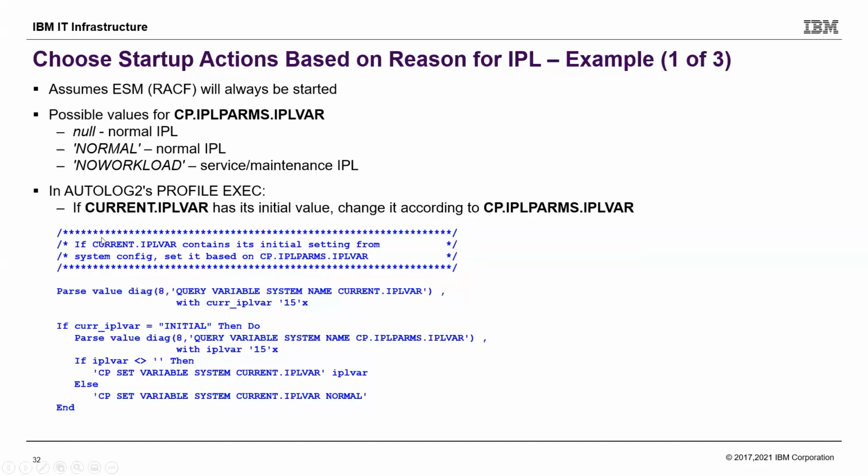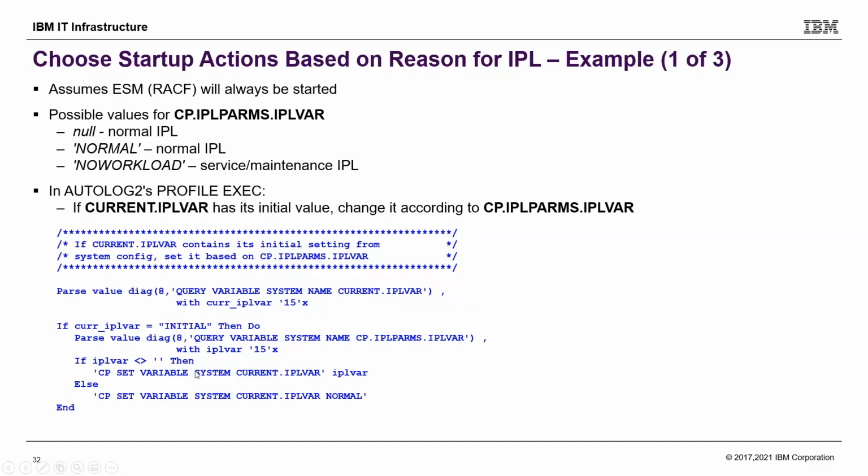So in Autolog2's profile exec, we'll check to see if the current variable, this is our dynamic IPL variable that we used the set statement for, has its initial value. If so, we're going to change it according to the CP environment variable. So we'll issue the query variables command. If our current one is set to initial, then we're going to go ahead and set it.